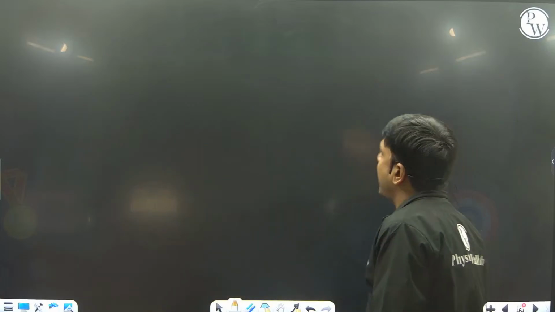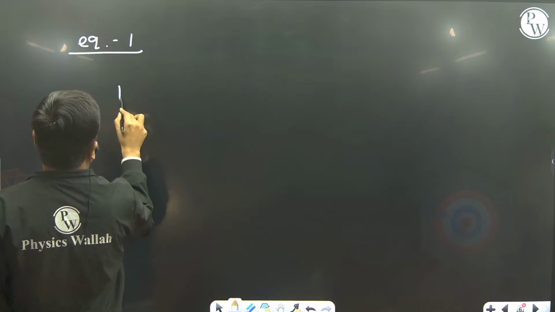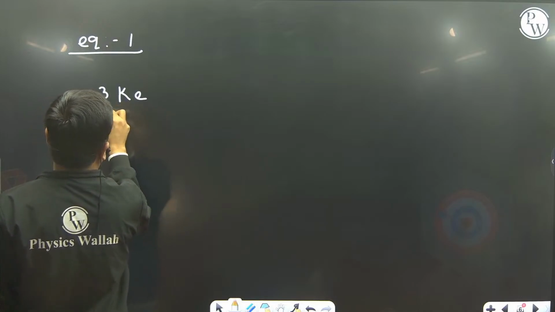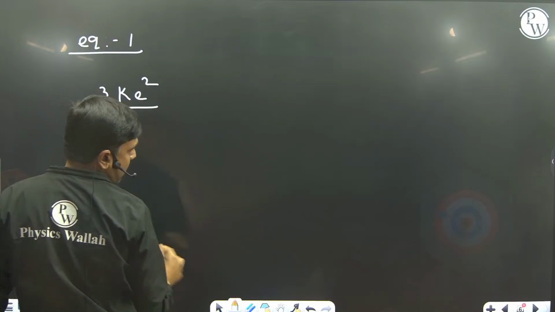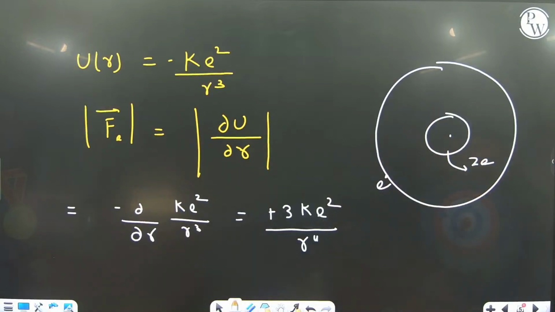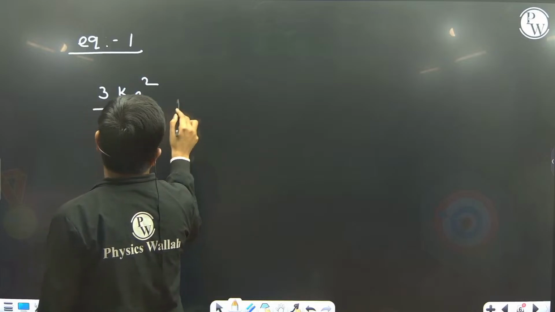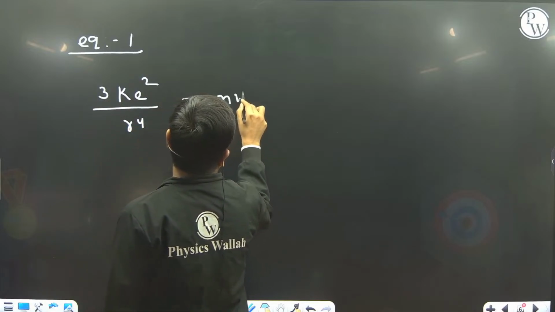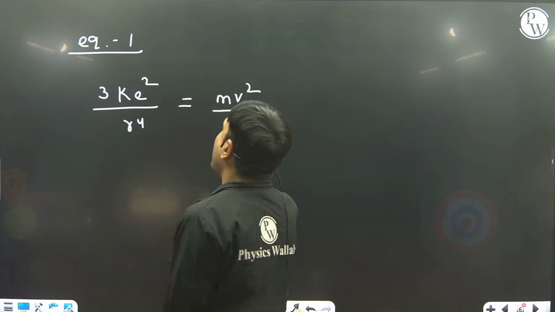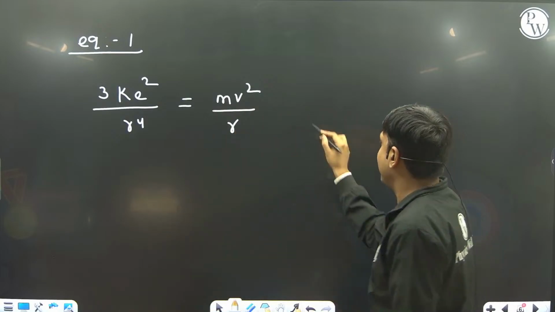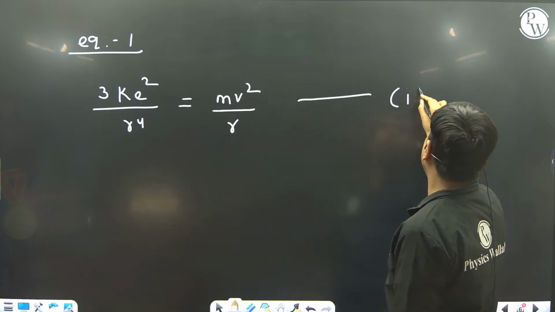I write equation number 1: 3Ke square upon r to the power 4 equals mv square by r. This is my equation number 1.